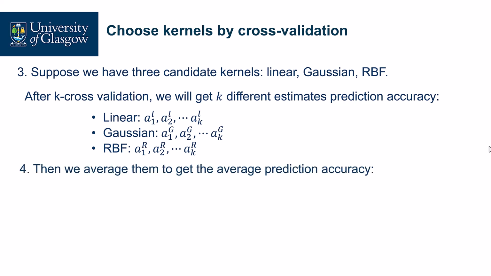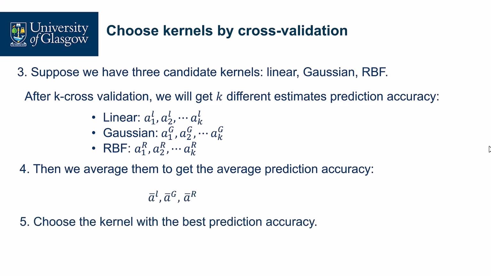Then we take the average of them, which is the prediction accuracy, and we can choose the best one. Later in the MATLAB case study, you will see more details of how to select kernels based on the cross-validation method.